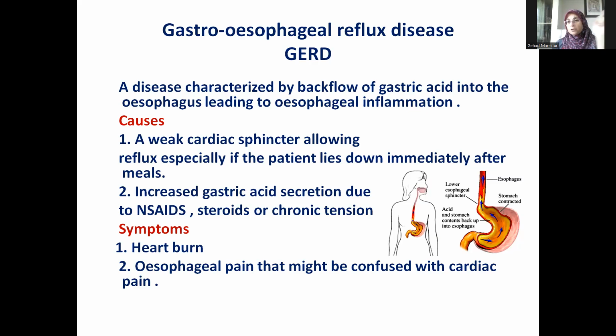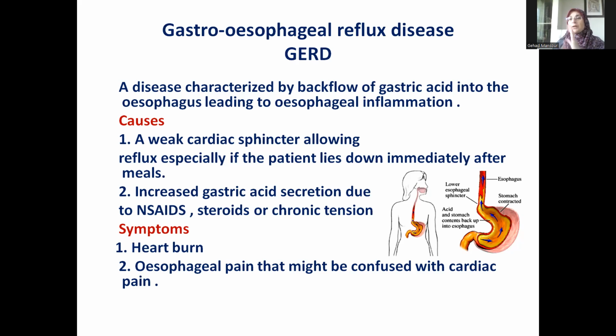We call this gastroesophageal reflux disease, or GERD. G stands for gastro, E stands for esophageal, R stands for reflux, and D stands for disease. Reflux means upward flow or backflow in the wrong direction.